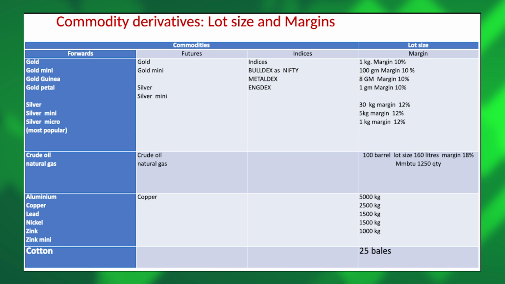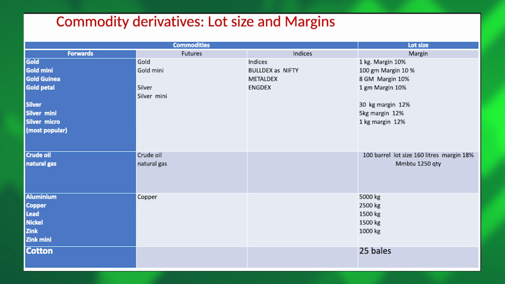So these are the lot sizes, and the margin in bullion is 10%, whereas it is 12% in silver. Also, in oil, which is a more fluctuating product, an 18% margin is needed.